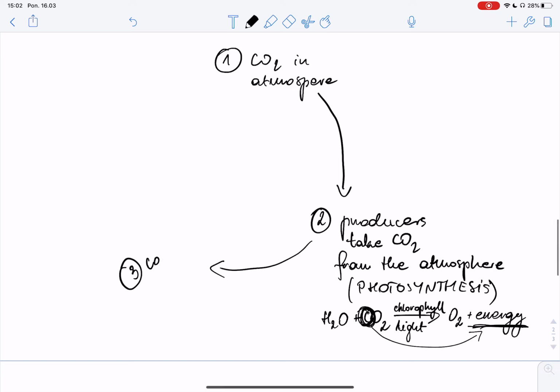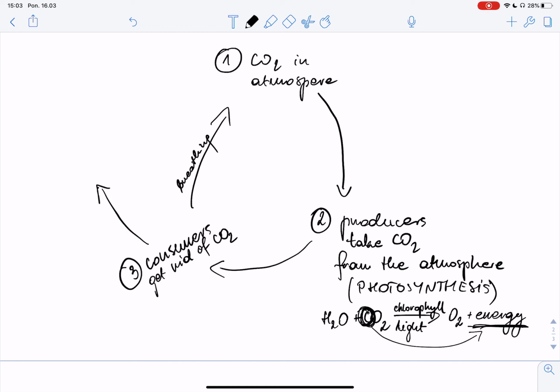So consumers get rid of CO2, and we get rid of it directly into the atmosphere. This is in the process of breathing.